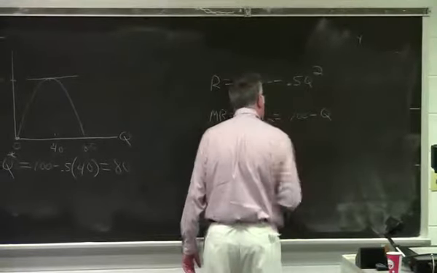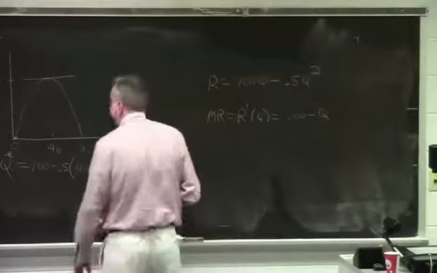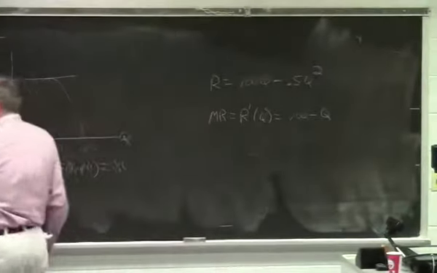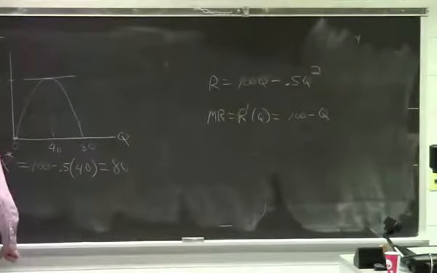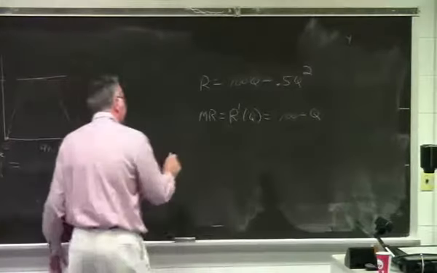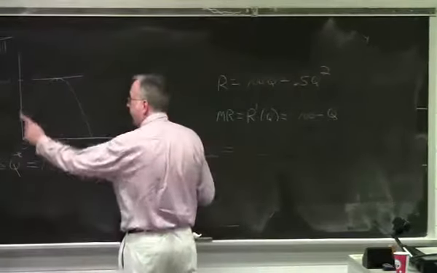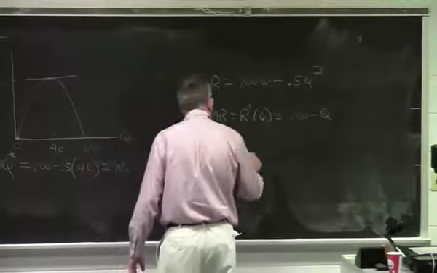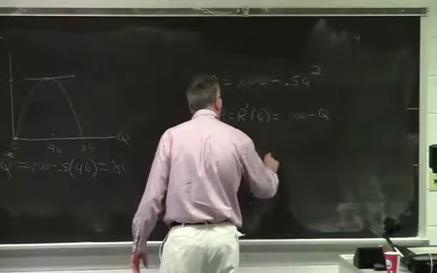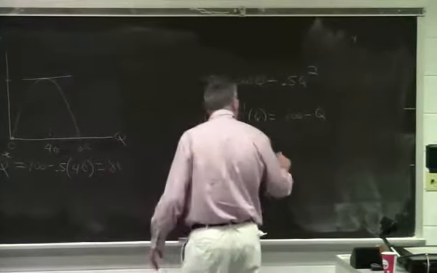So it looks like that. Here's our cost function right here. So let me just repeat that. 20Q plus 0.5 Q squared.